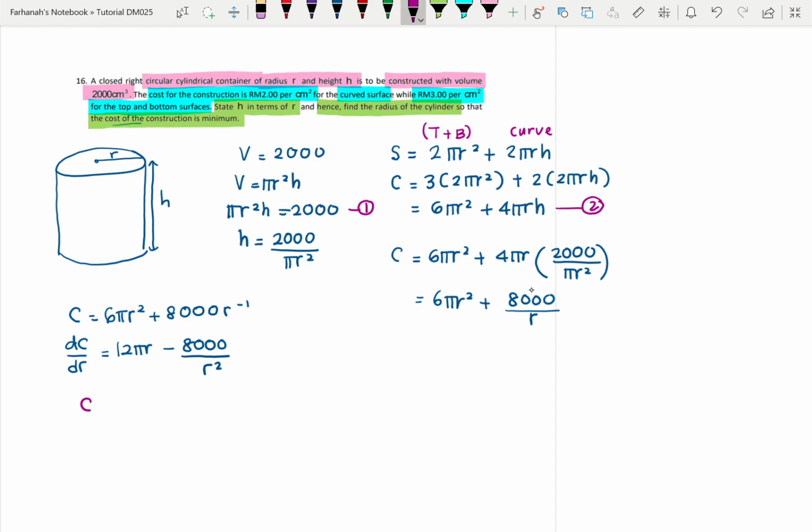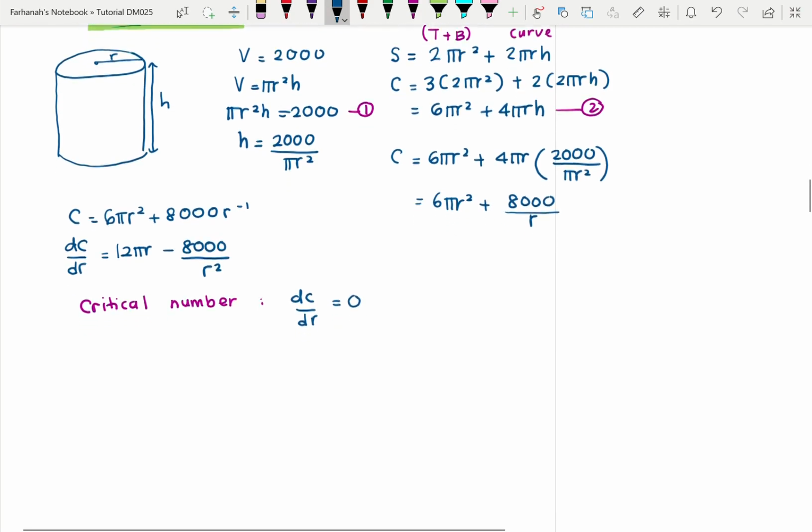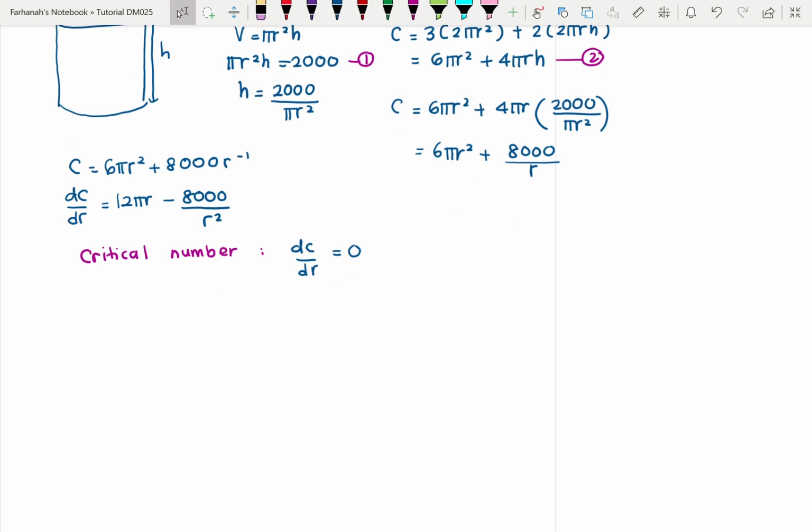Okay, now kita kan boleh cari dia punya critical number of r. Kita akan buat dC over dr equal to 0. Now we can solve for this one. 12 pi r, saya akan darabkan dengan r square sebab kita nak samakan penyebut.